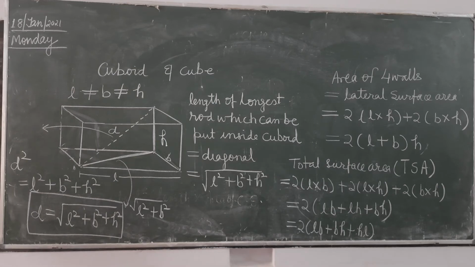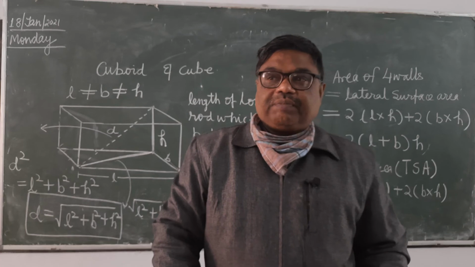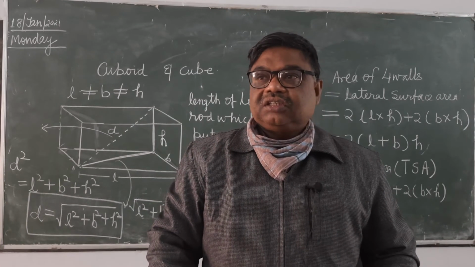So see here, all of you remember this thing. What is the volume of cuboid? L into B into H. What is the total surface area of cuboid? 2 within bracket LB plus BH plus HL.